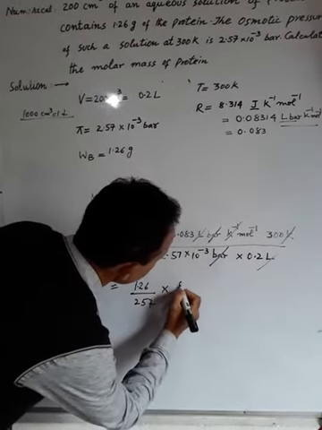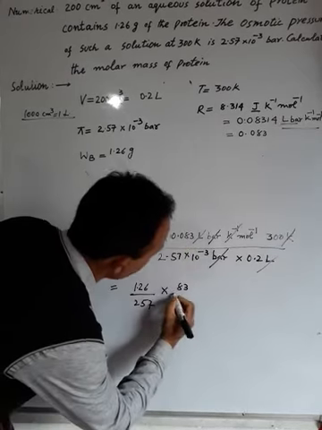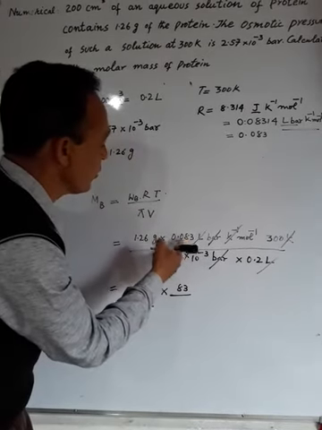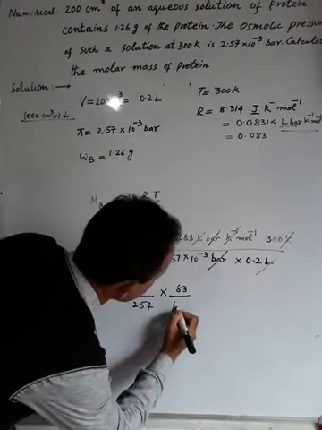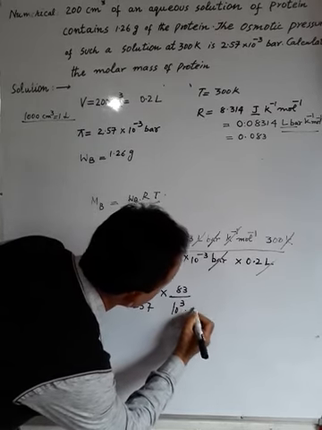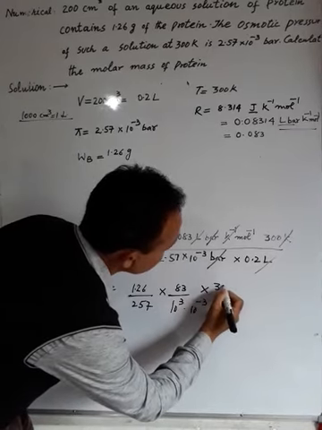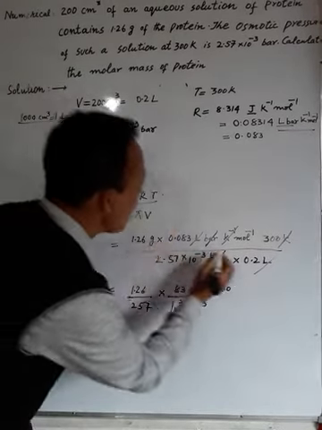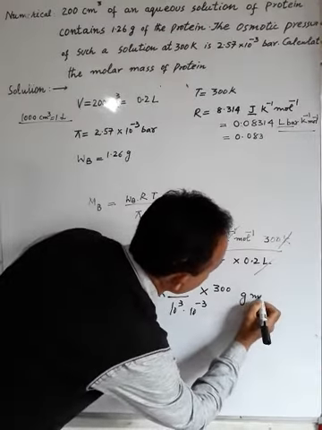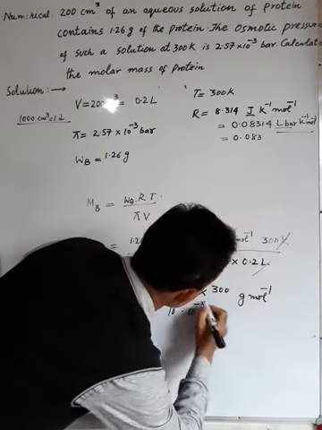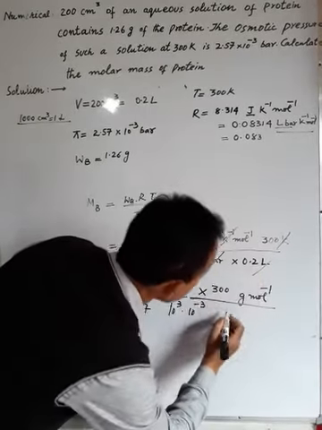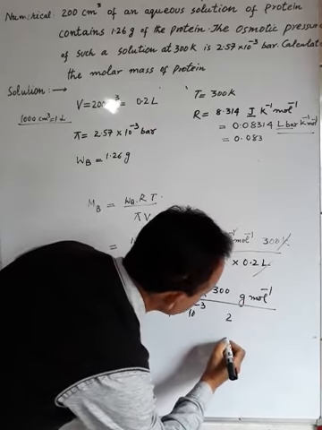Again we have 83 divided by 1000, into 10 raised power minus 3 already, into 300 gram per mole, divided by 0.2, we will write 2 whole divided by 10.